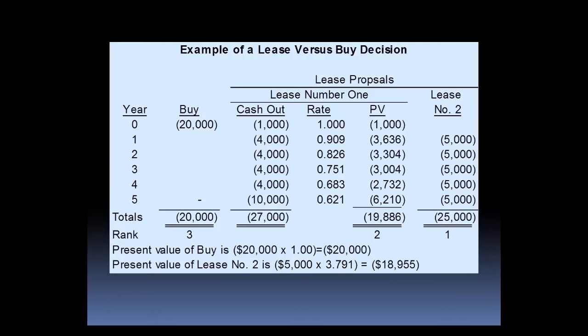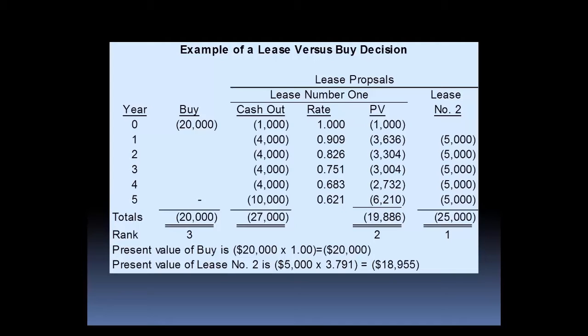So we take $5,000 times 10%, go down to year 5 on the present value of the annuity table, and we get 3.791, or the actual discounted present value of the outflow is $18,955. So in this particular case, we should take lease number 2.